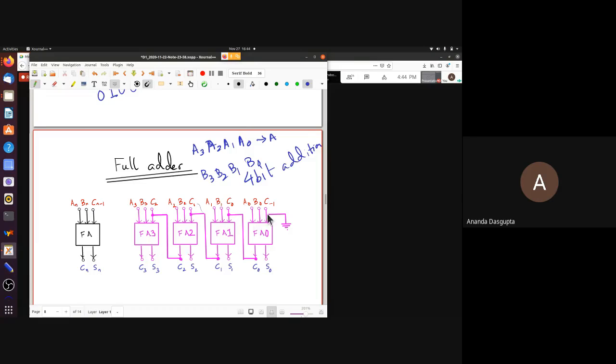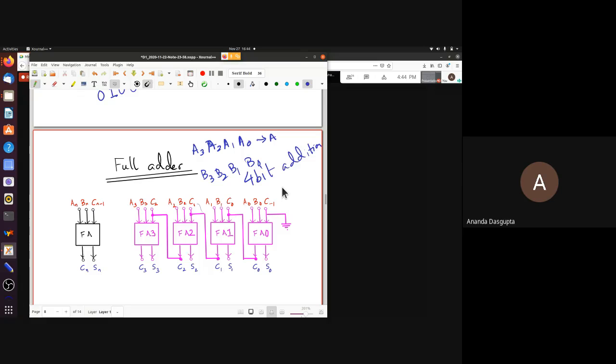The only thing I've done is at the very beginning, the first one doesn't have a carry, right? There is no carry from the -1 position, because there is no -1 position here. So you ground this input. This C-1 is explicitly set to 0.